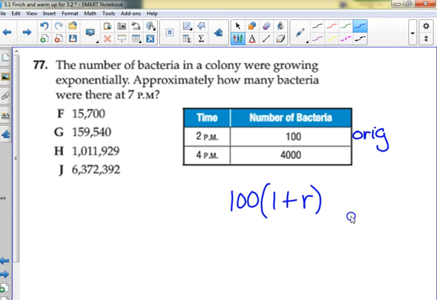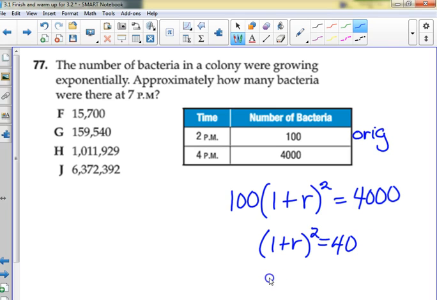For how long? 2 hours. And it became 4,000. What would we do first to solve and find the rate? Divide by 100, which is 40 on a good day, I think. Now, whatever this number was, we would do what? Now, we all know we're going to square root here, but what if it had been 6 hours? What would we have done?